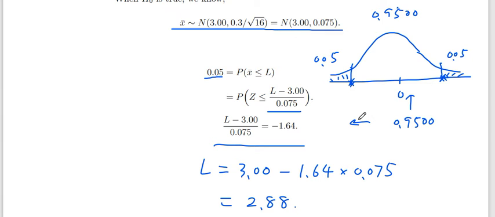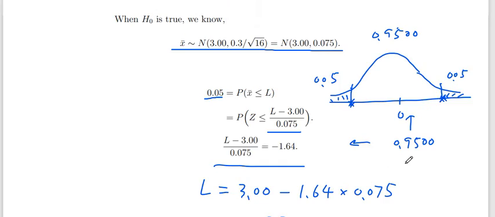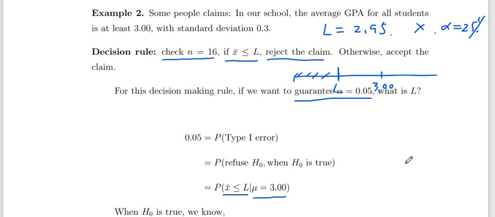So the cutoff point should be 2.88. So 2.95 is too close, right? We should set this cutoff point L equal to 2.88. If X bar is less than 2.88, then we should reject. Using this decision making rule, we can guarantee alpha is at most 5%.